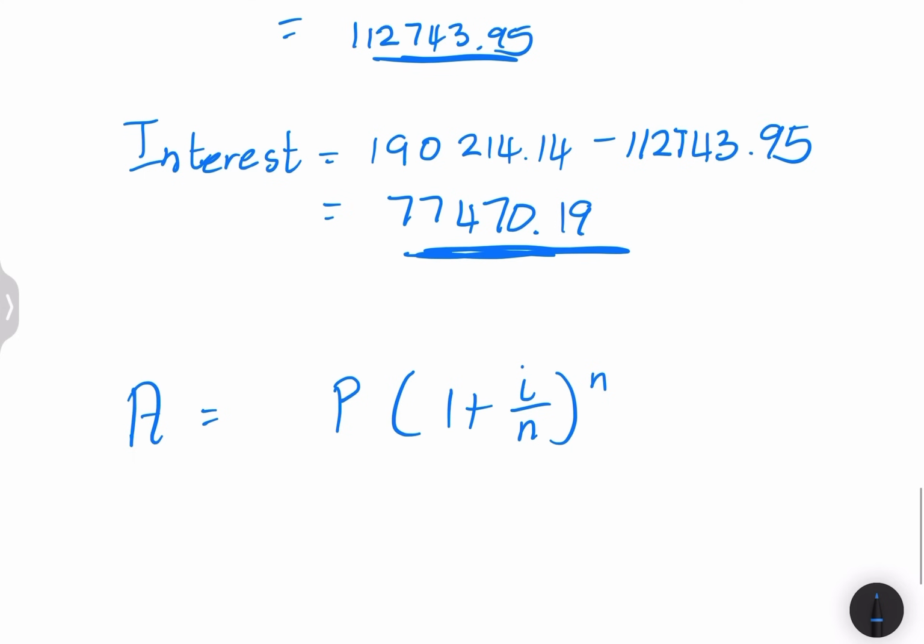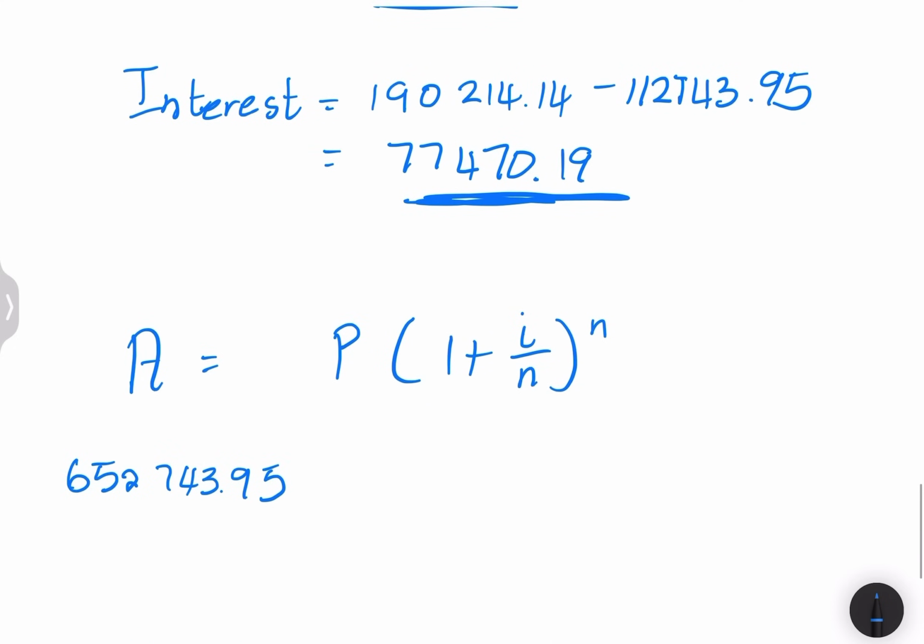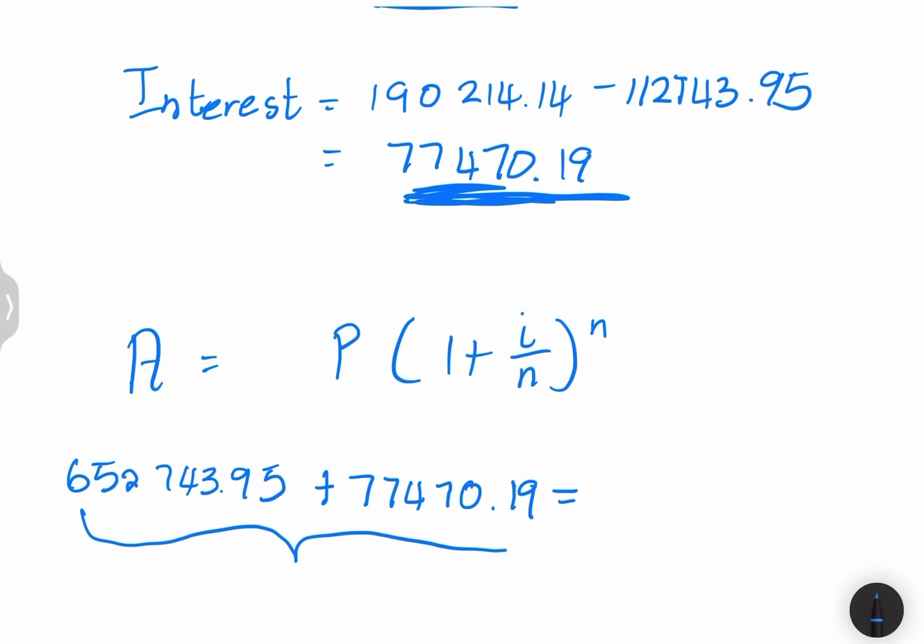So my accumulated amount would be the 652,743.95 that was accumulated, and then plus that interest over that period, 77,470.19. This would be the accumulated amount.